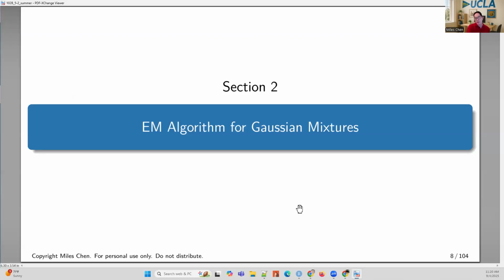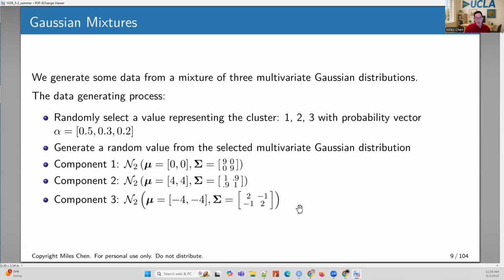And we're going to apply this to a mixture of Gaussians. So here I'm going to start off by generating data from 3 multivariate normal distributions, or normal multivariate Gaussians. Our data generating process is going to look something like this.